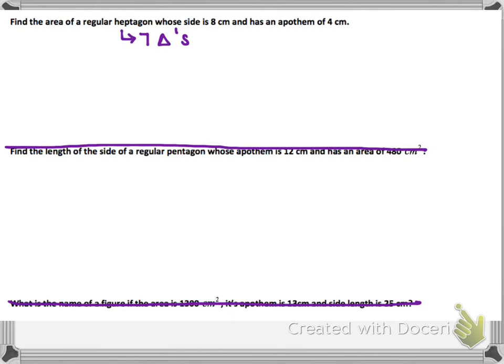So let's draw that one triangle down at the bottom, and then we'll be able to multiply it by 7. First of all, I know that the side length is 8, and then they tell me that the apothem is 4. So from here to here, that is 4. We will find the area of that triangle. My base is 8, times the height of 4, divided by 2.